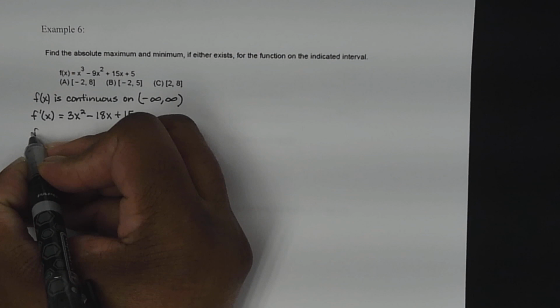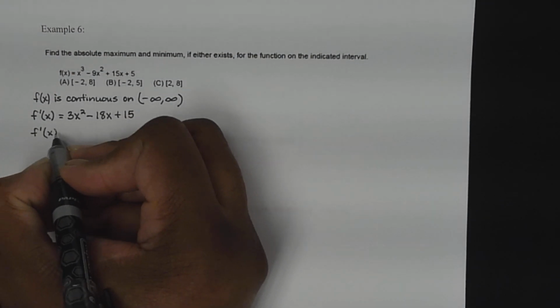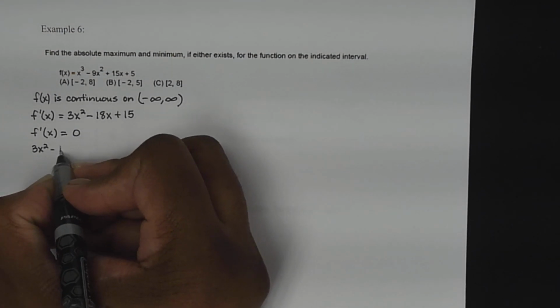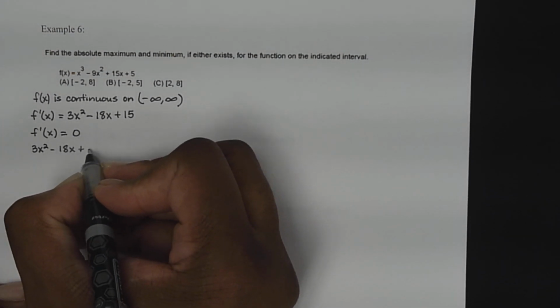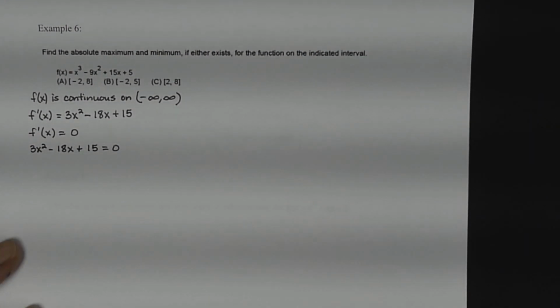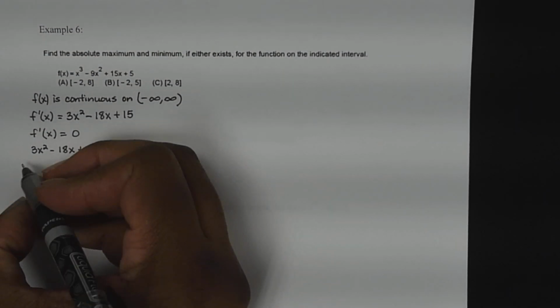Now we're going to set f prime of x equal to 0 to identify our critical numbers. So that means 3x squared minus 18x plus 15 equals 0. Now, let's solve for x. Let's do some factoring here because 3x squared, minus 18x, and 15 have a common factor of 3.